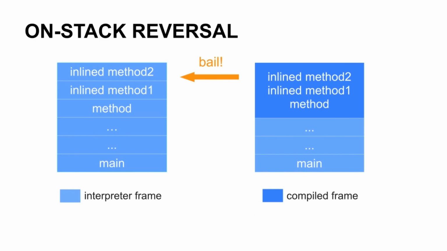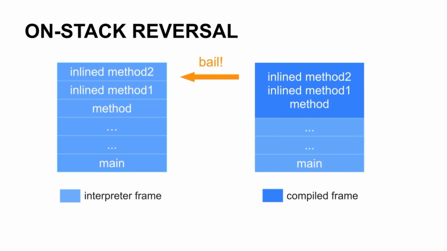In fact, it can have an even bigger impact than you might have expected. Because it's important to remember, we're bailing out of a compiled piece of code, and compiled pieces of code may have inlined many methods, up to 9 levels deep. And so we may not be bailing out of just a single method. We may be bailing out of 3, 4, 5 methods. And when we do this, we're basically doing an on-stack replacement in reverse.